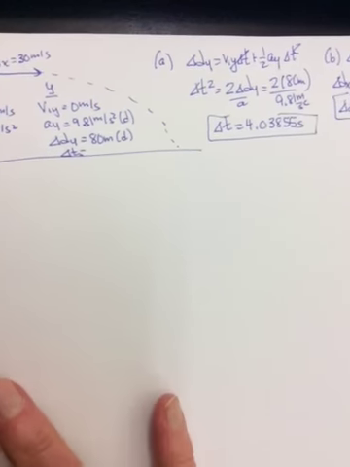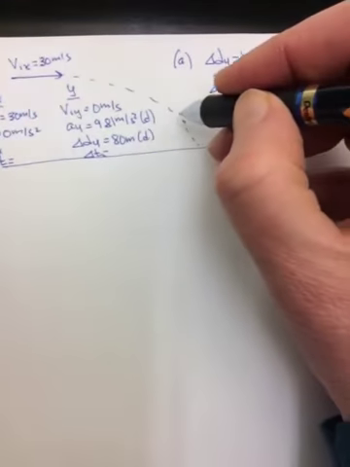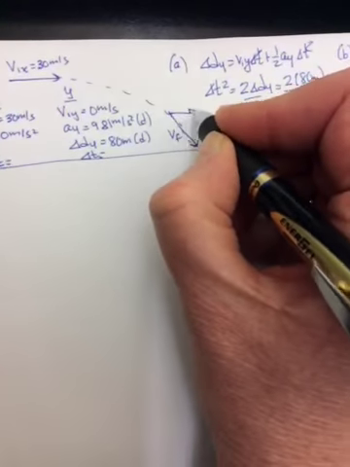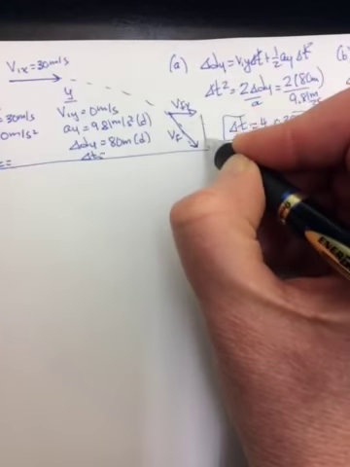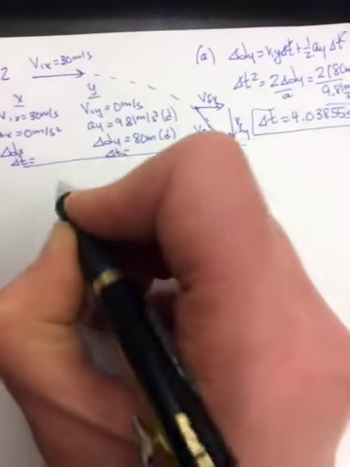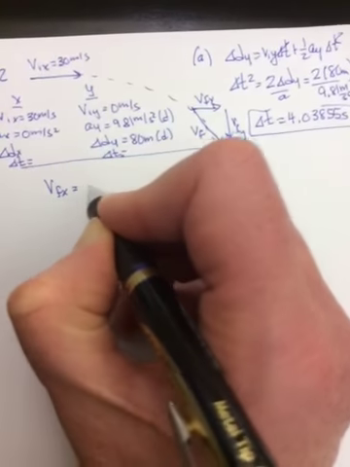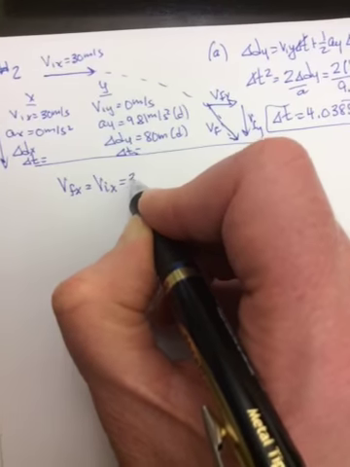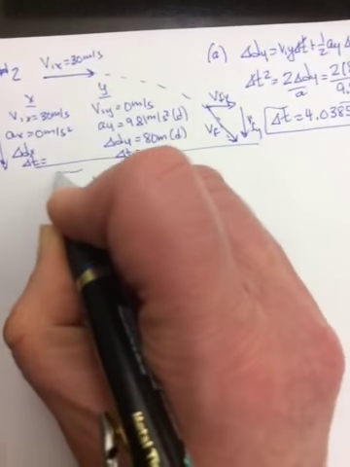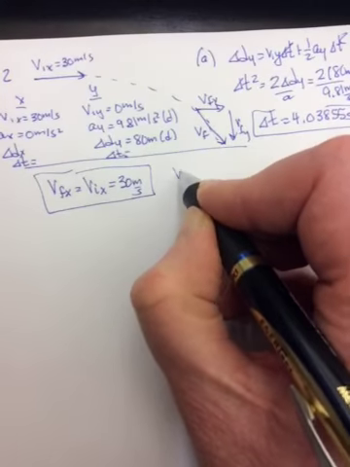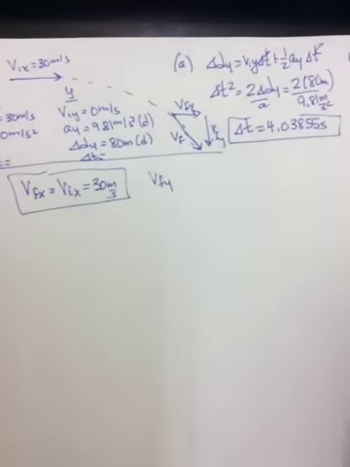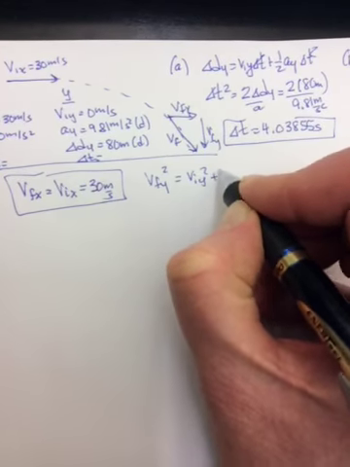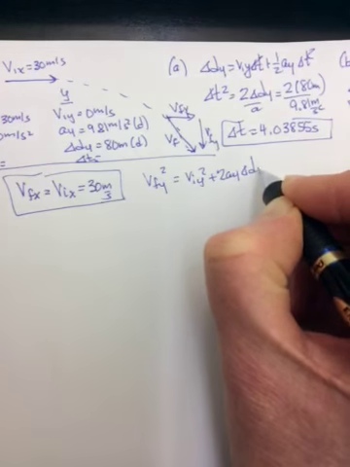All right, and then what's the final velocity just as it's about to hit the ground? So you're looking for your vf, which means you need your vfx and your vfy. Well, vfx is going to be easy because ax is 0, so vfx is just going to be equal to Vix. So it's going to be equal to 30 meters per second. For vfy, you could do vfy squared is equal to viy squared plus 2 ay delta dy.